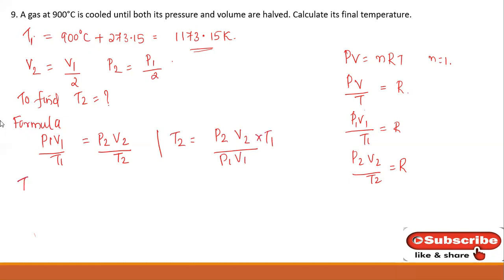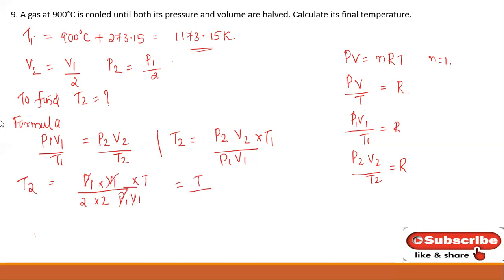Now, on substituting the values, T2 is equal to P2, which is P1 upon 2, into V2, which is V1 upon 2. Your denominator already has one P1 V1. This P1 V1 will get cancelled.